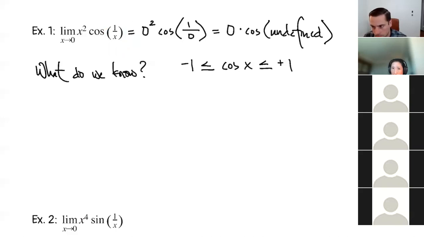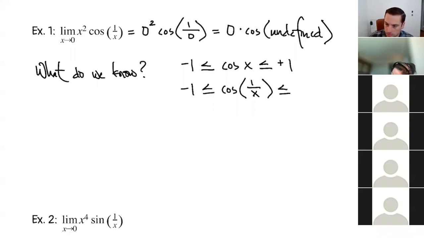So here's what I'm going to do in this next step. -1 is less than or equal to cosine of 1 over x is less than or equal to +1, where x is not equal to 0. Okay. So I started with x, but I was able to generalize that and say that no matter what I'm cosigning, that thing will still be bounded by -1 and 1.